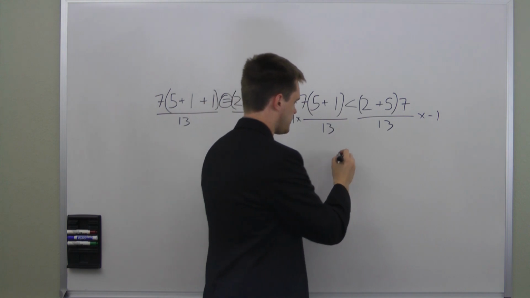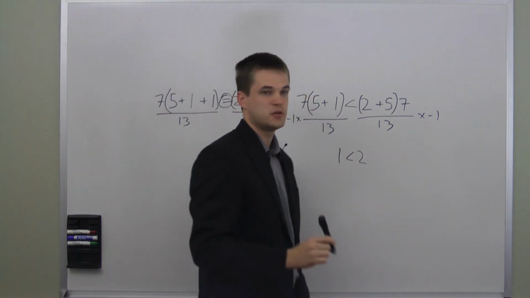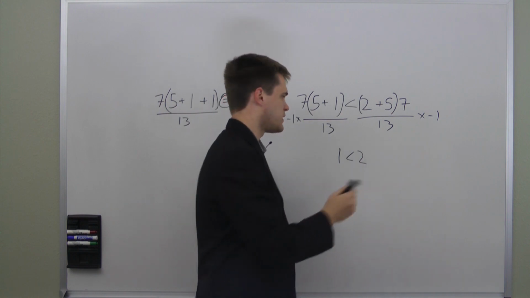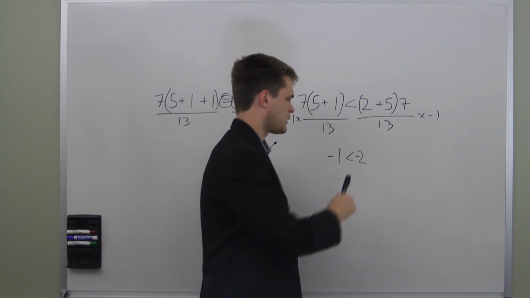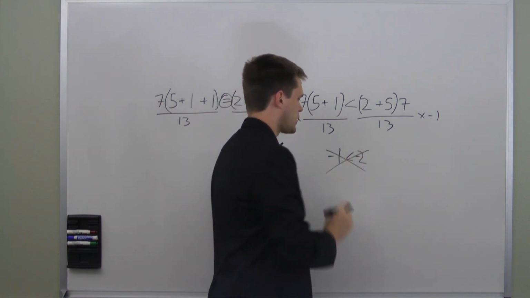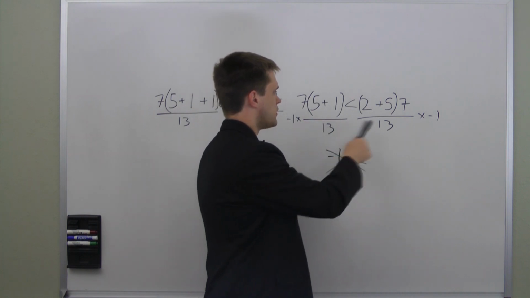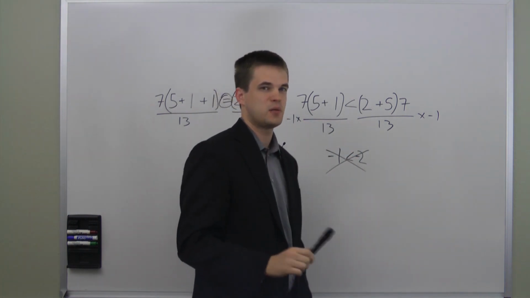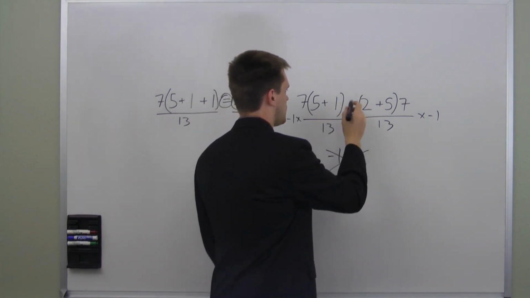Because in the most simple of examples, if we have an inequality that says 1 is less than 2, and we multiply both sides by -1, that becomes -1 is less than -2, which is not true. So if you multiply or divide both sides of an inequality by a negative number, what you have to do is reverse the inequality sign.